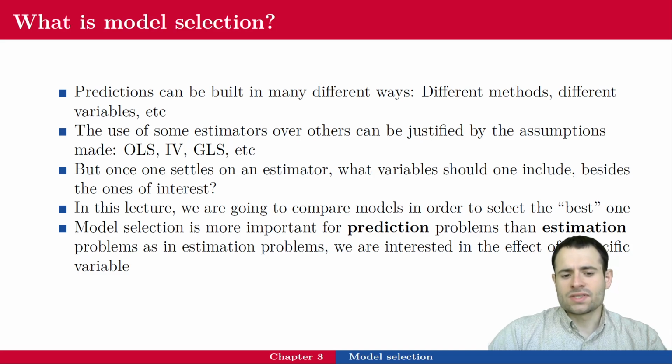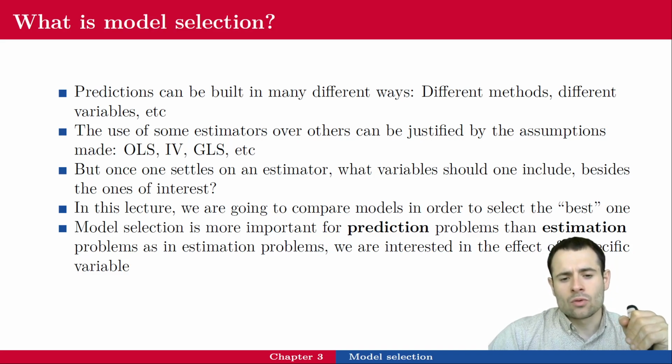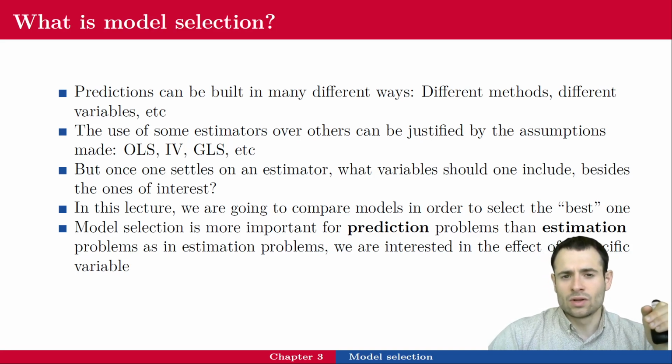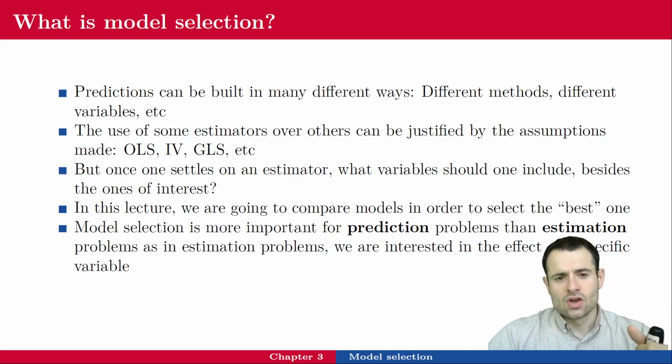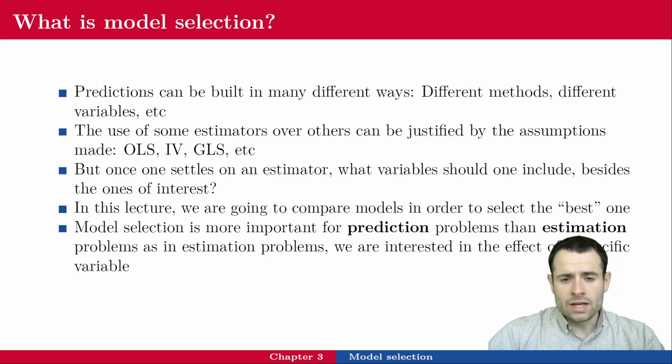Note that model selection is more important for prediction problems than estimation problems. In estimation problems, we are interested in the effect of a specific variable. So as long as we are out of trouble regarding consistent estimation of the coefficient related to that variable, as long as the variable is either not endogenous and we can use OLS, or endogenous and we have to use maybe instruments or other methods, then including extra variables is not that big of a deal.